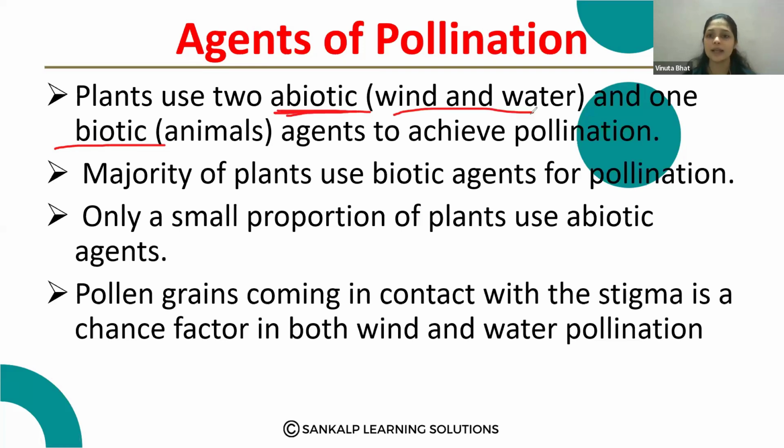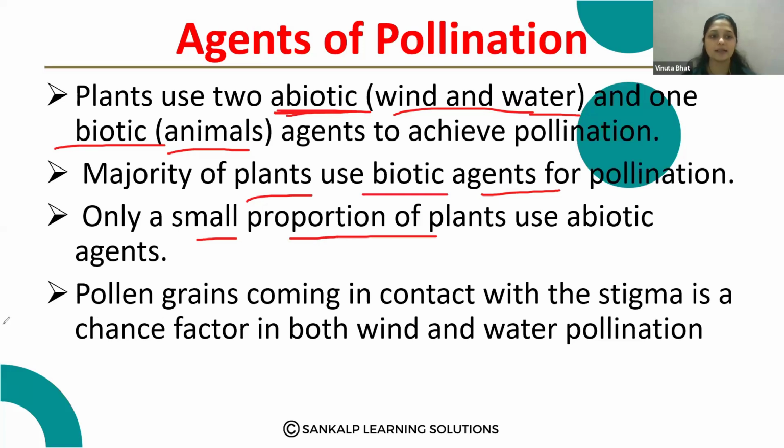Abiotic means wind and water, and biotic means animals. These two types of agents are used to achieve pollination. Majority of plants use biotic agents for pollination. Only a small proportion of plants use abiotic agents.